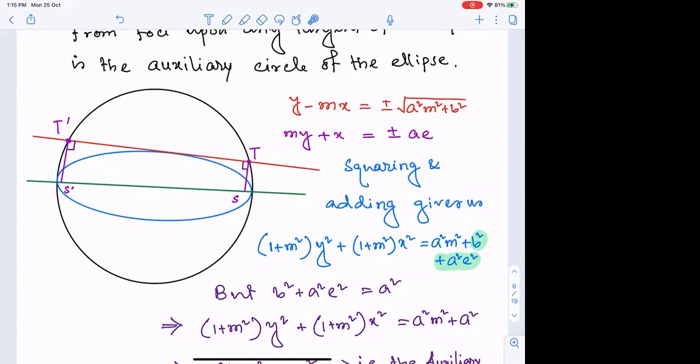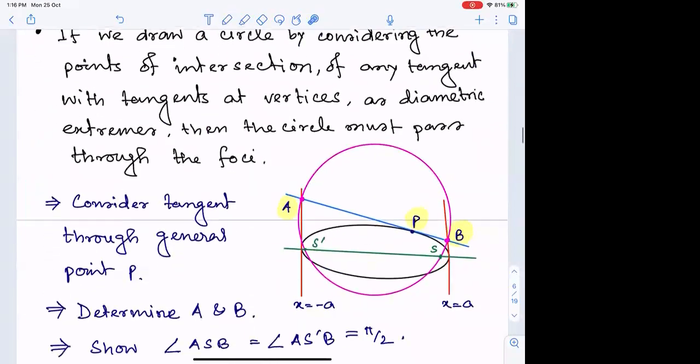Moreover, for any such general tangent, the product of ST and S dash T dash will always be the square of the semi-minor length.